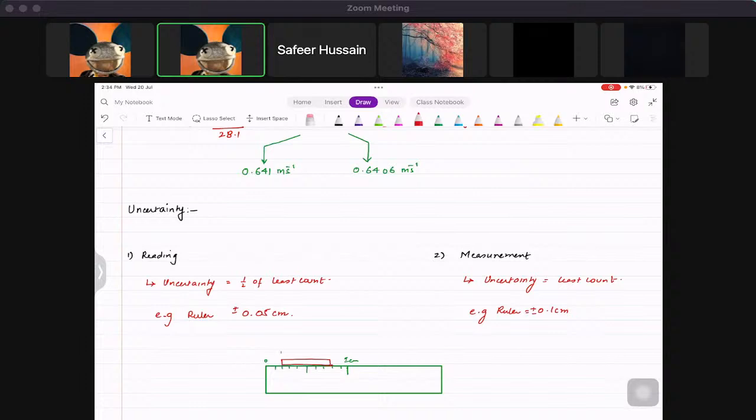So when you take the first reading and the last reading, in this one you have 0.05 centimeter as uncertainty, and when you take another reading, you also have the same uncertainty. So basically, when you're taking a measurement, it means that the instrument has two amounts of errors. So when you add the errors together, it will give you 0.1 centimeter as plus minus. Is it clear, everybody?